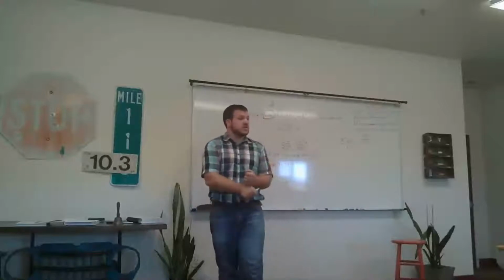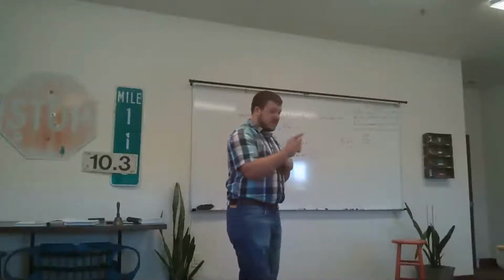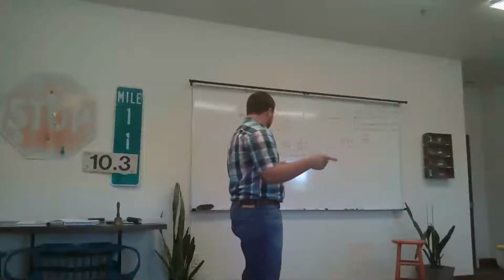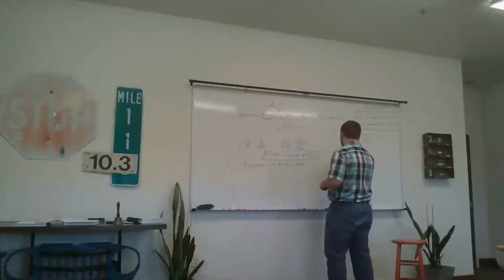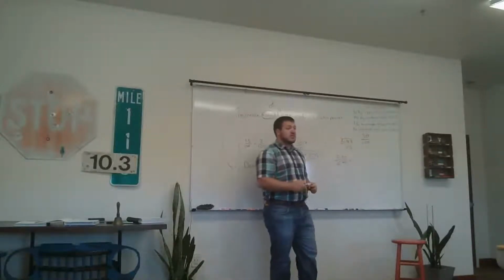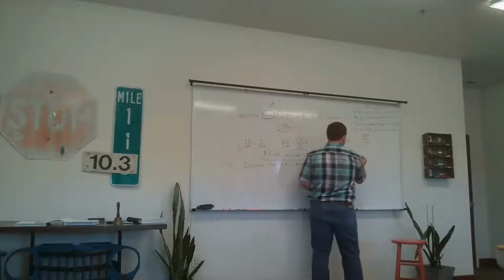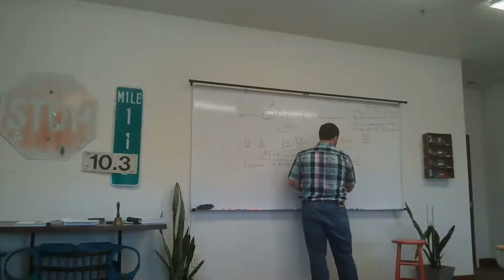What's our difference? 50 cents. Right. So then 50 cents divided by 6.49, 0.50 over 6.49 equals percent over 100. Do the math, you come up with 8%.